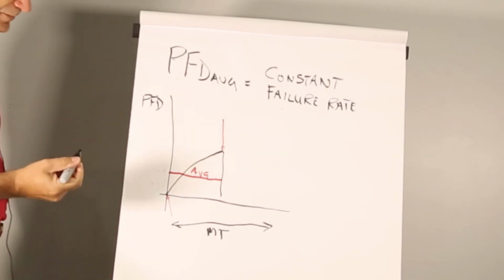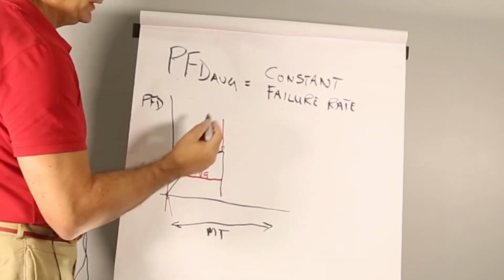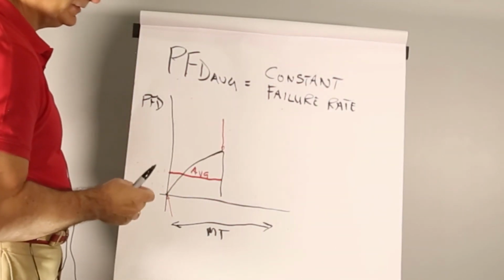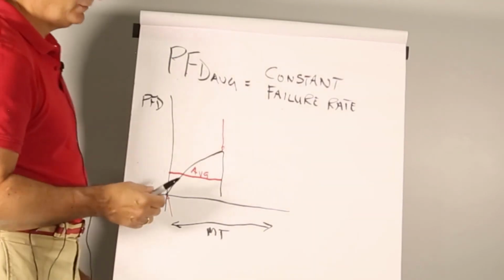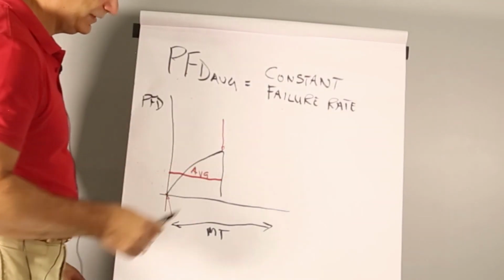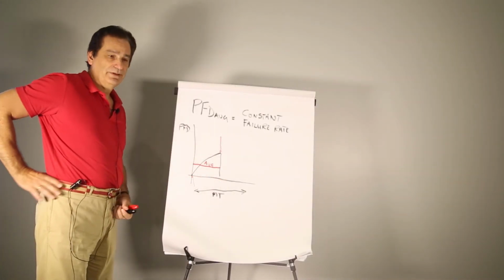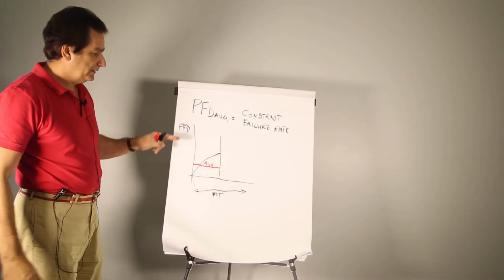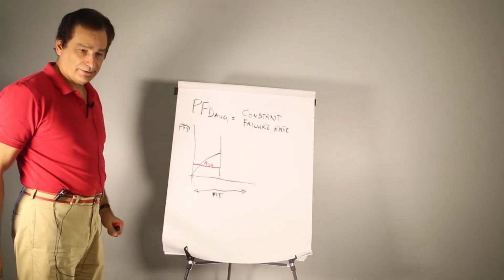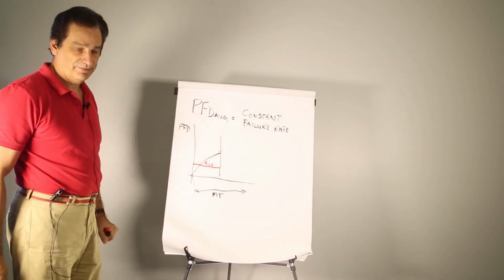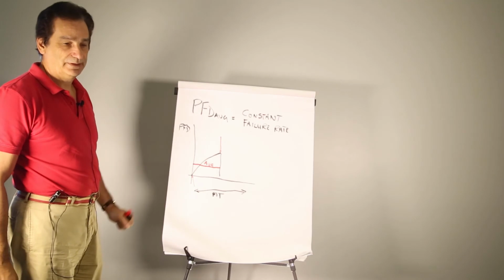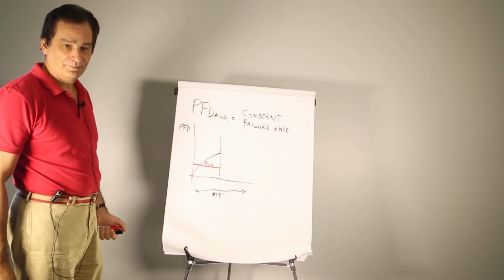Now the problem comes, of course, once we get outside of useful life, because now we cannot rely on this constant failure rate. And if we cannot rely on the constant failure rate, and our PFD average calculation is not going to be valid, then our SIL is no longer reliable.